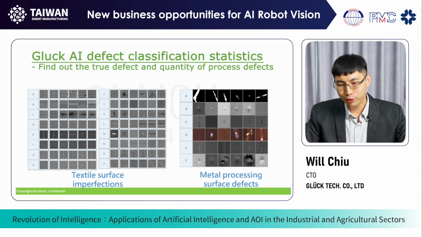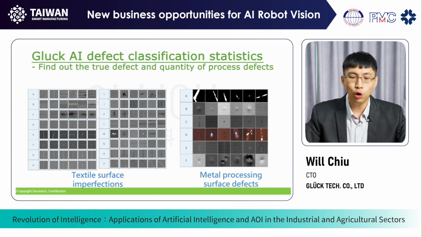Therefore, after identifying defects through inspection, AI classification models can provide statistics on the quantity of each type of defect, assisting in process improvement. You can see a lot of defects in the slide. You cannot just use machine vision technology to distinguish them from each other.